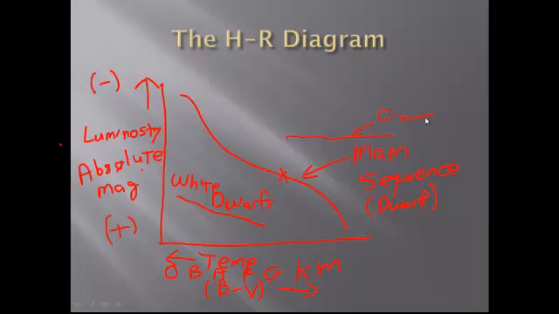A tremendous range. And you see that we have the main sequence, again, going from upper left to lower right. The Sun's right there in the middle of it. And then we have the red giant stars going up to the upper right side. And we see that they are much, much bigger stars.